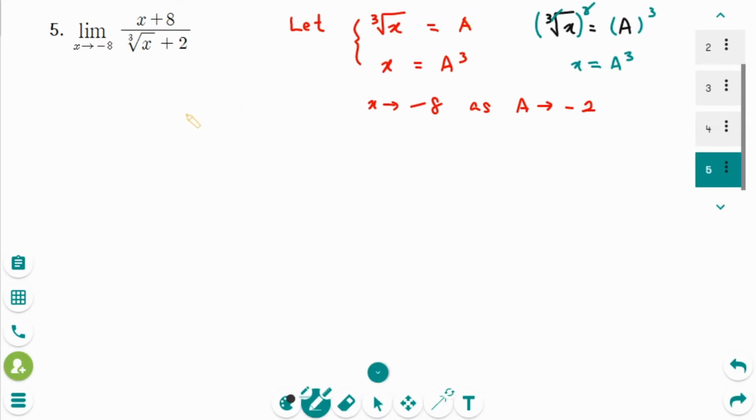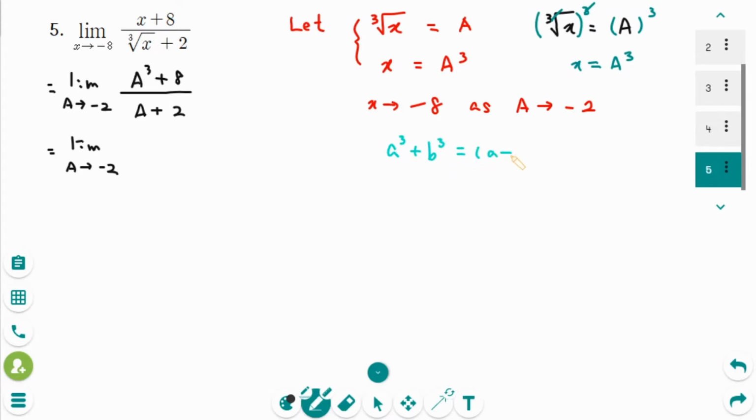Then we can rewrite the limit as a approaches minus 2, x means a cubed over cube root x means a plus 2. Do you remember the formula? A cubed plus b cubed equals a plus b, a squared minus ab plus b squared.